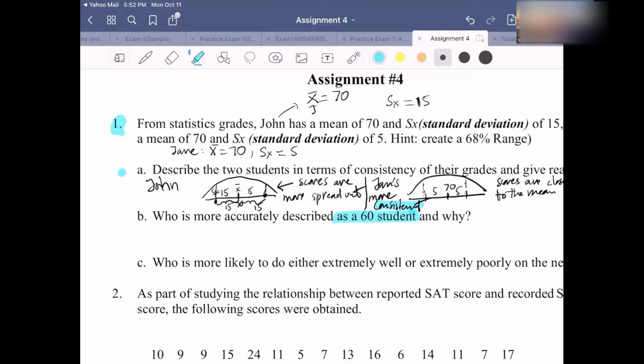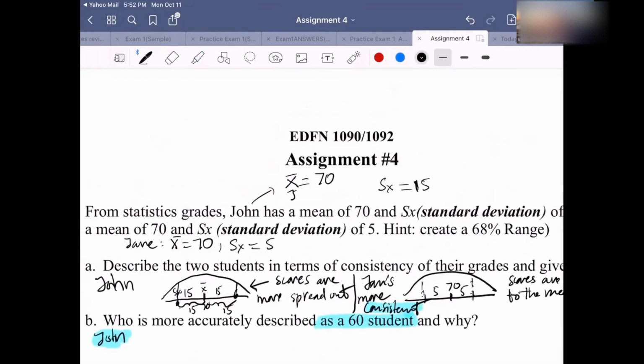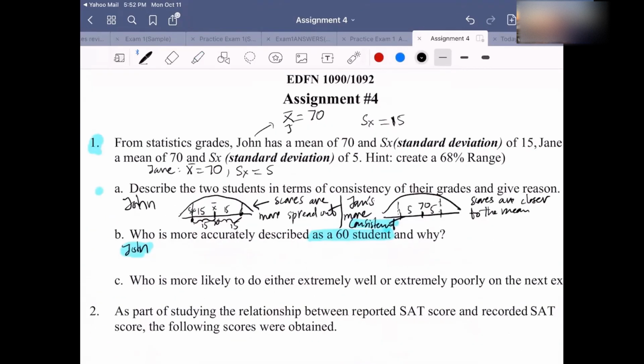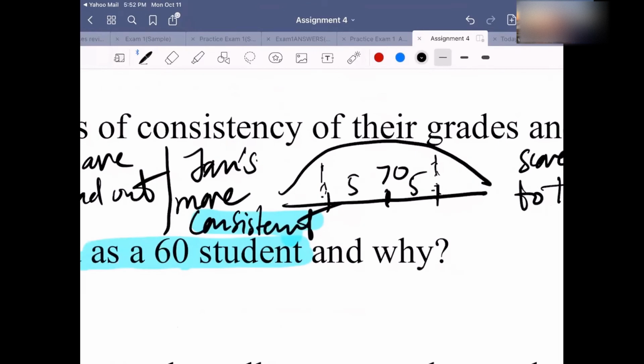The answer is John, everyone. I know it's not easy, right? So the answer is John, right? Because if you look at Jane's distribution, everyone, you can see that if you go to the left of the score right here, which is 65, and if you go to the right here, then the score is 75.